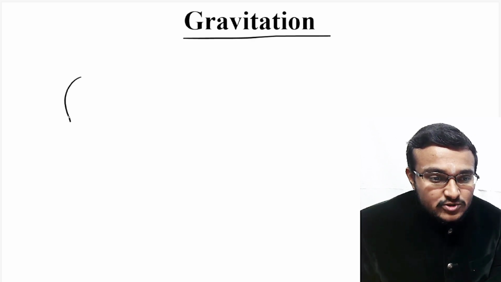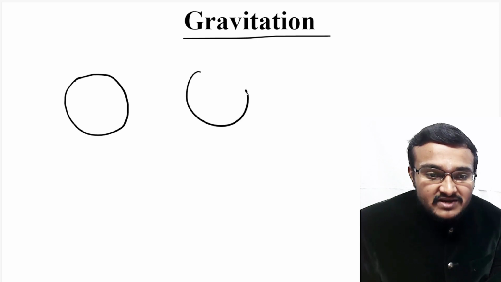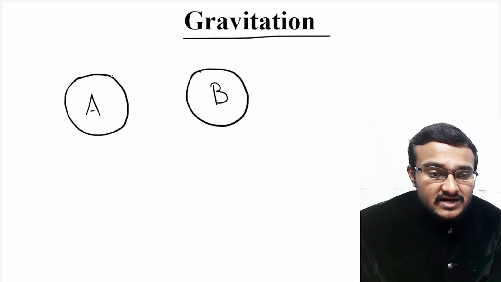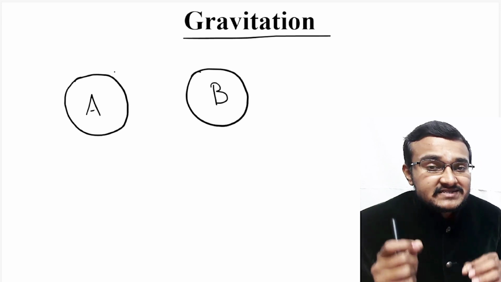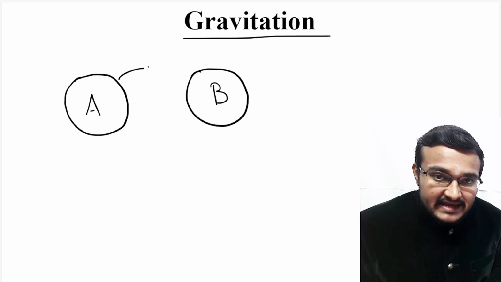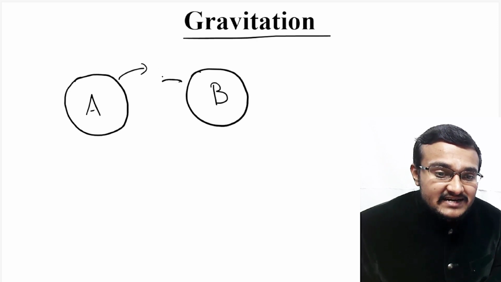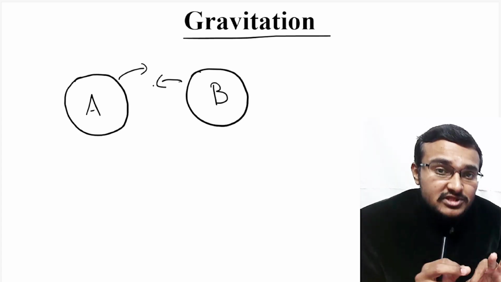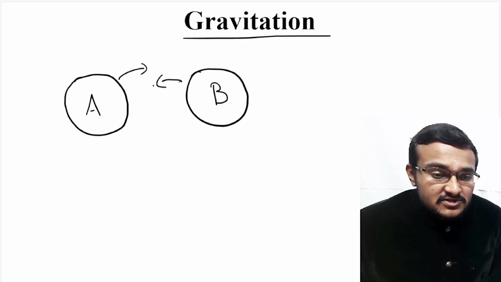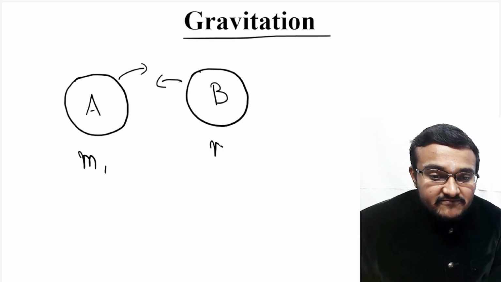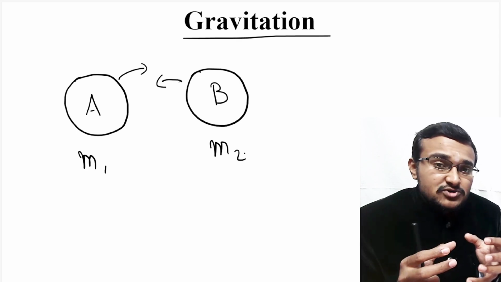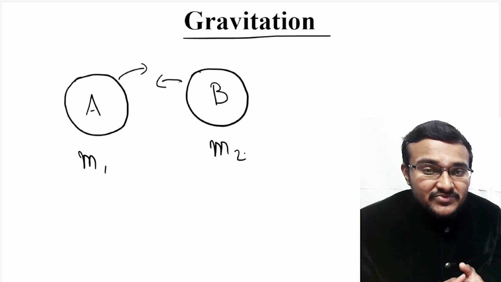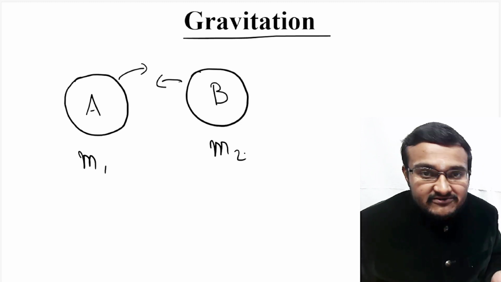For example, if there are two objects in the universe, let's say the first object is A and the second object is B. A small weaker force is exerted on B by A, and a small weaker force is exerted by B upon A. Both objects have certain mass, so if the mass of A is m1 and the mass of B is m2, then both have a certain pull force which is able to pull the other object towards them. This force is known as gravitational force.